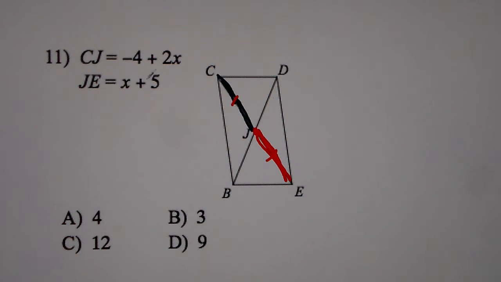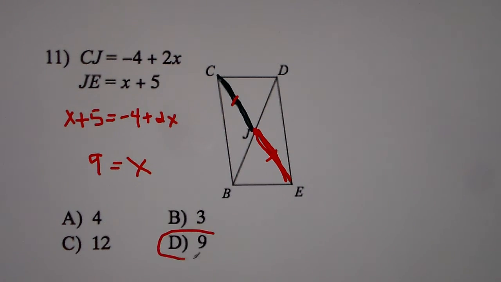And since they're equal to each other, you set them equal to each other. So you got x plus 5 is equal to negative 4 plus 2x. Subtract x from both sides, add 4 to both sides. You get 9 equals x. So 11 is D, 9.